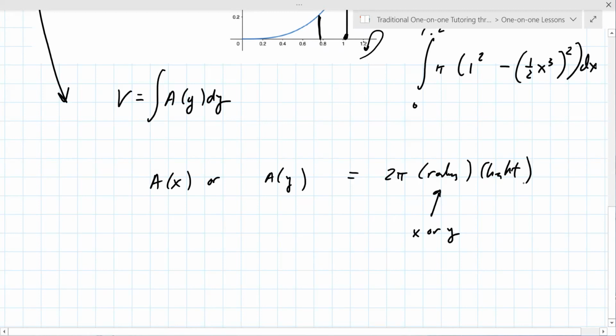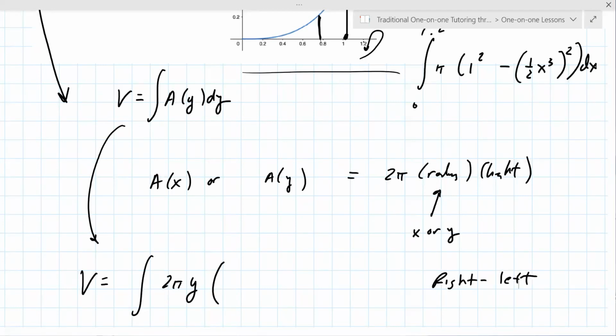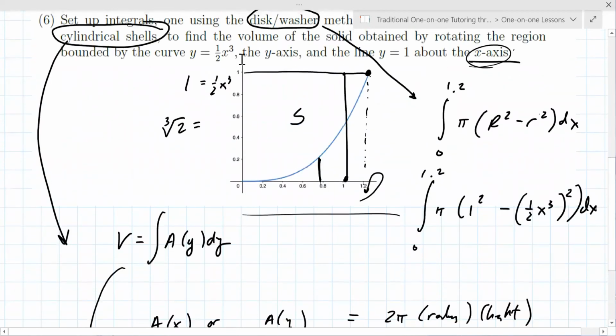Because it's a horizontal axis, the short of it is that this becomes integral 2 pi y, and then your height is top minus bottom. No, I'm sorry, it's right minus left. So we actually need to solve this for x.